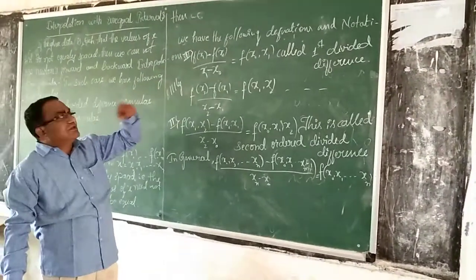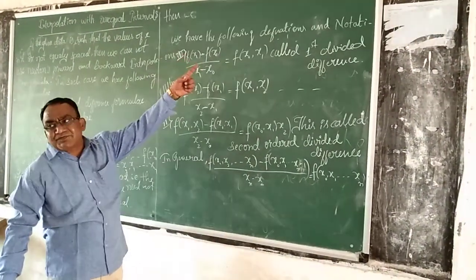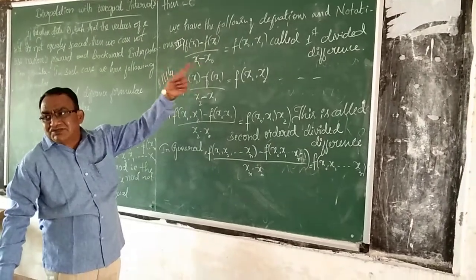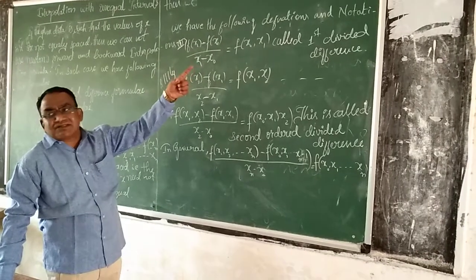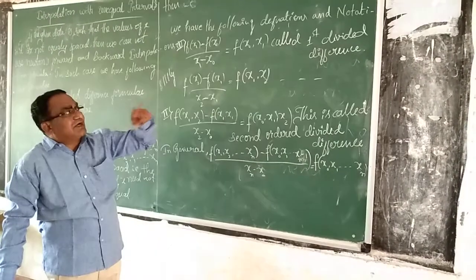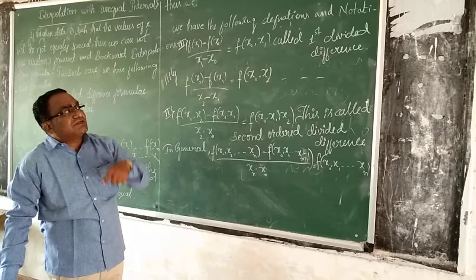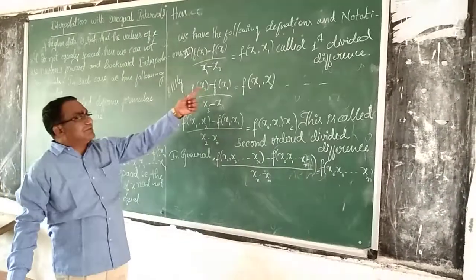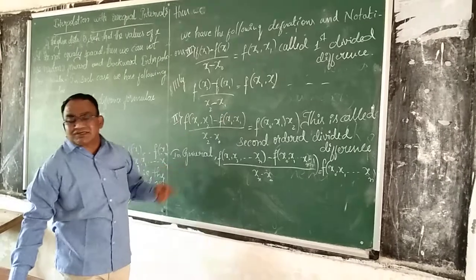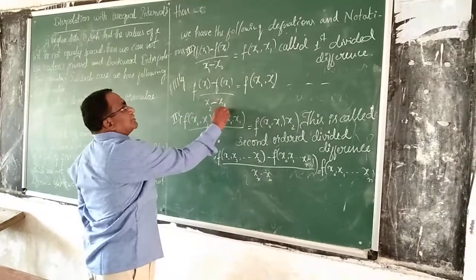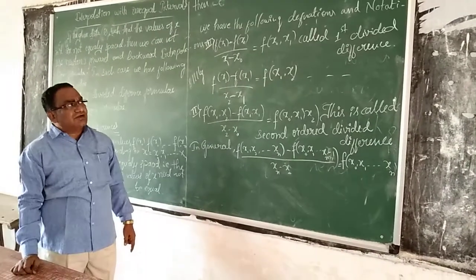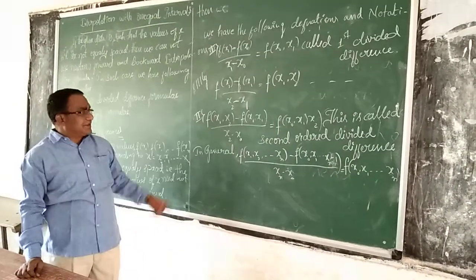First one, f of x1 minus f of x0 divided by x1 minus x0 is denoted by f of x0 comma x1, and it is called the first divided difference. Similarly, f of x2 minus f of x1 divided by x2 minus x1 is denoted by f of x1 comma x2, and it is called first divided difference.